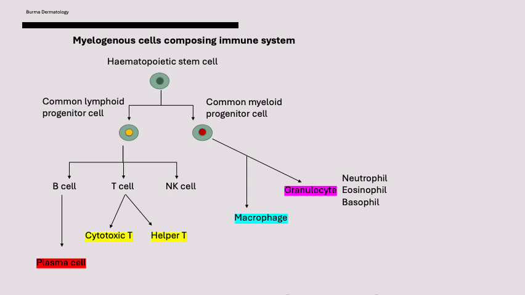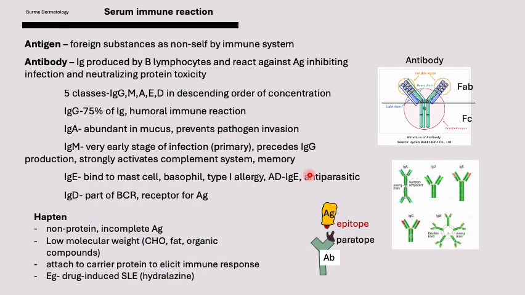The common myeloid progenitor cells have two main components, which are the granulocytes, including neutrophils, eosinophils, and basophils, and the macrophage. So in this immune reaction or immunity, we talk a lot about the antigen or antibody. So what are they? I would like to talk a little about the basics of antigen and antibody. An antigen is a protein of foreign substance, which can be bacteria, virus, transplanted tissue, or certain proteins recognized as non-self by our immune system.